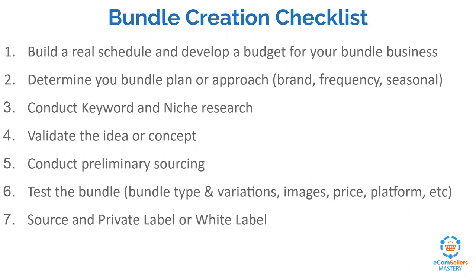So if I'm going to create a new listing every week, that's fine. Maybe I'm creating 1 new bundle that is going to be part of my private label strategy, and then the other 3 that I create in that month are maybe replenishables or steady eddies or something like that. So figure out what your pattern and your approach is going to be.